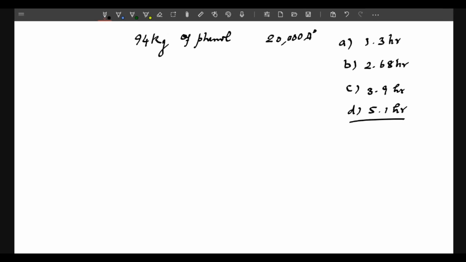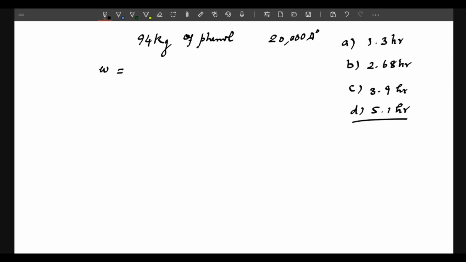Sir, how to solve this? Once again, look at the problem. Check whether the efficiency of the current is given or not. If it is not given, you can proceed using the normal formula. Weight is given, therefore W is equal to equivalent weight into I into T divided by 96,500; it is not necessary to introduce the X value.